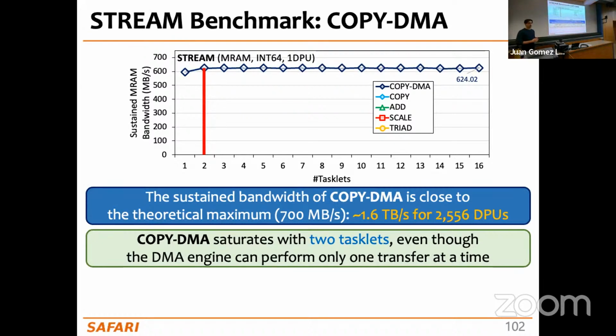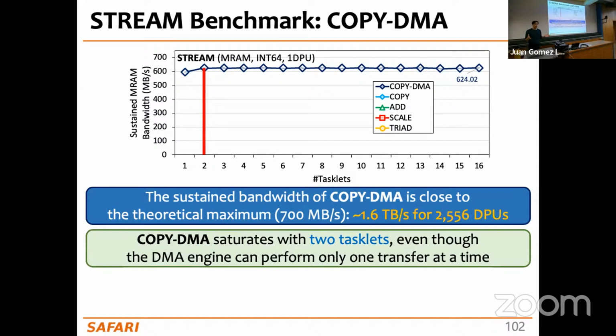Why is that? Well, there are two reasons for this. The DMA engine can only sustain one access at a time. The DMA engine that sits between the MRAM and the WRAM and moves data from here to there can only sustain one access at a time. So peak bandwidth should be expected with just one tasklet. The fact that you have more tasklets doesn't mean that you can exploit more memory level parallelism.